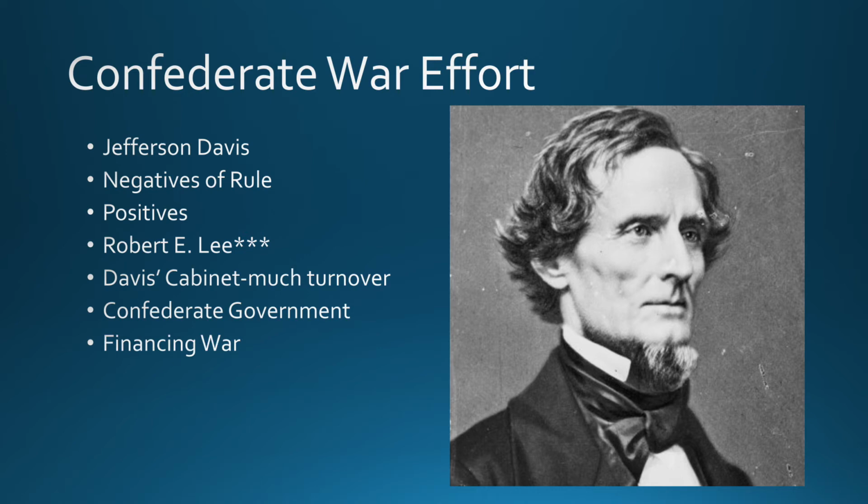With that being said, though, there is a big thing that you need to do if you fight a war, which is you need to figure out how to finance it and how to get the money for it. And so Davis and his new government try to figure out what to do. Well, remember, because they are a new country, a new entity, they do not have a treasury or a currency to go from.